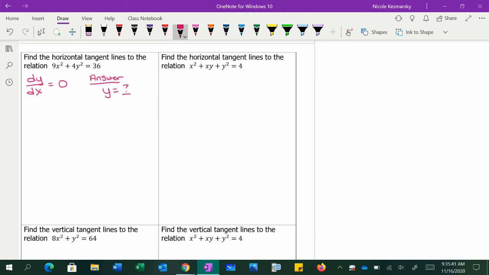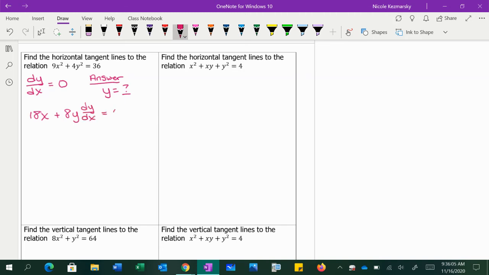So knowing both of these, and knowing that we need a dy/dx in all of this, let's take the derivative of this equation that we have here. So the derivative of 9x squared is going to be 18x. The derivative of 4y squared is going to be 8y dy/dx.